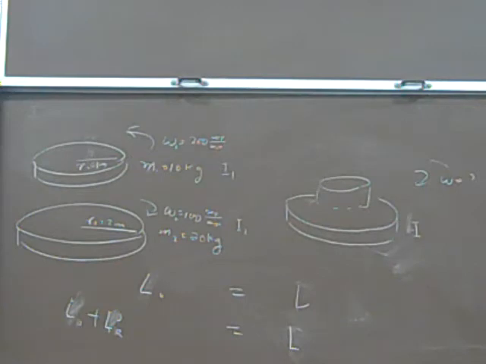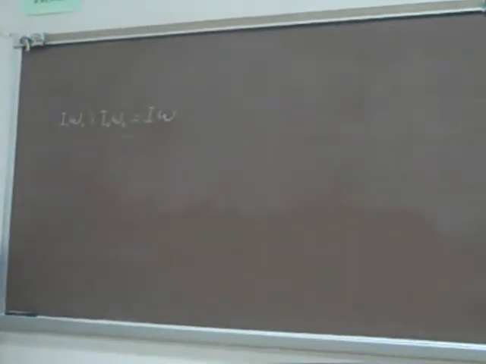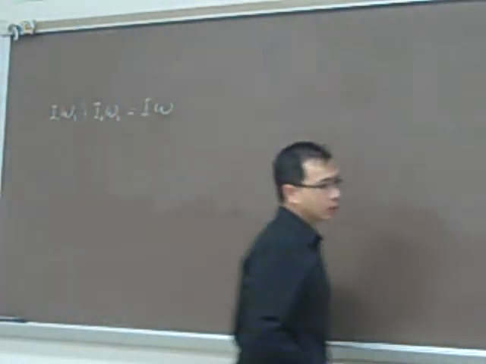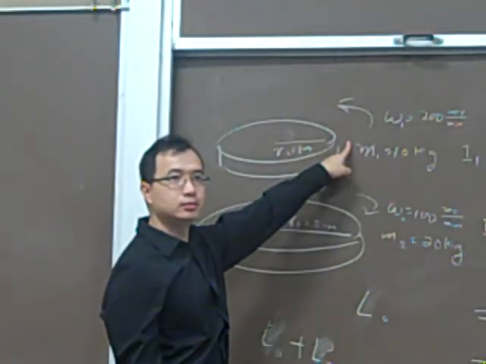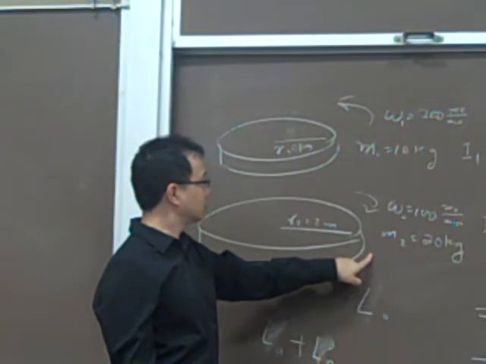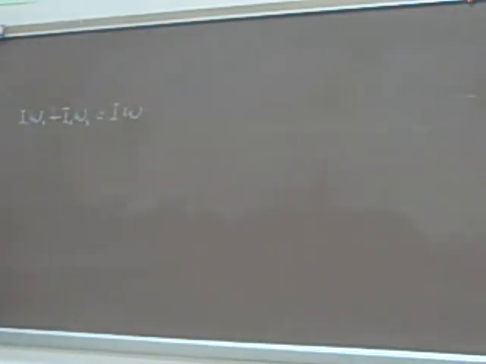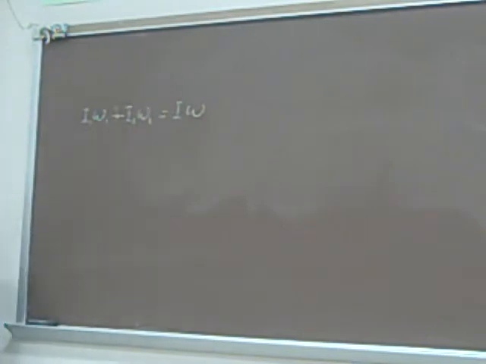By the way, I shouldn't put the plus sign here. We need to make sure we have the correct sign for the given angular momentum. This one is positive. How about this one? Negative. So it should be positive, negative. Any question? That's the equation we're going to use to calculate omega if we know all other terms.